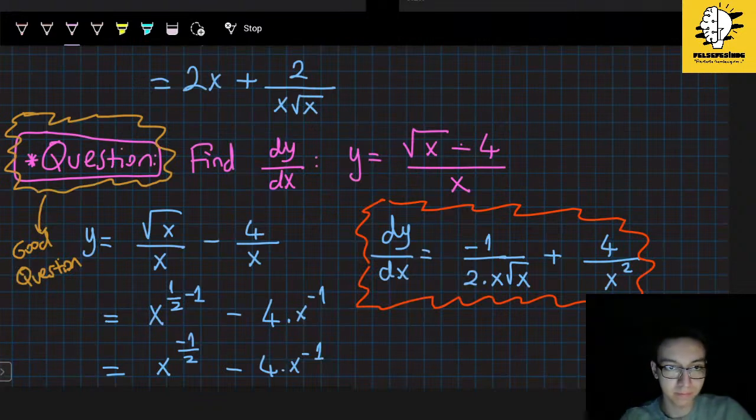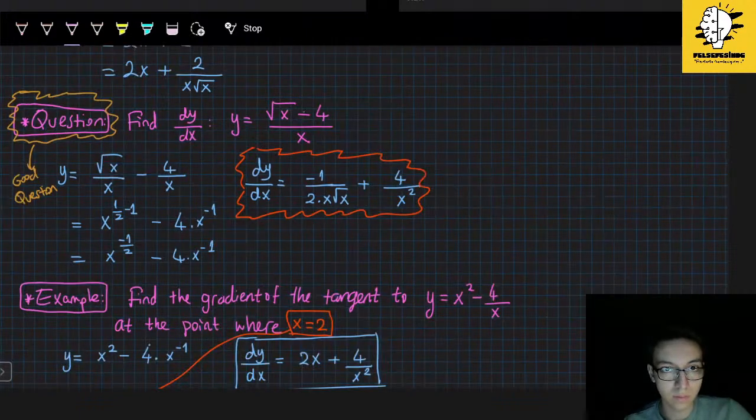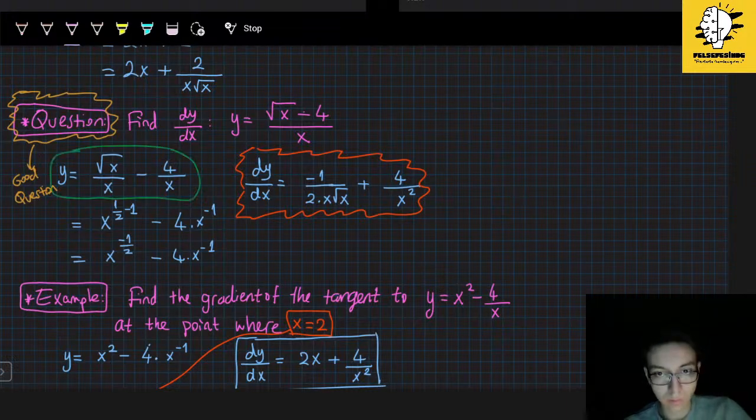All right, nice. So, as you can see, we have square root x minus 4 over x. Actually, we can separate it because they have a common denominator, x. And when we separate them, as you can see, we can find this. Square root x over x minus 4 over x.